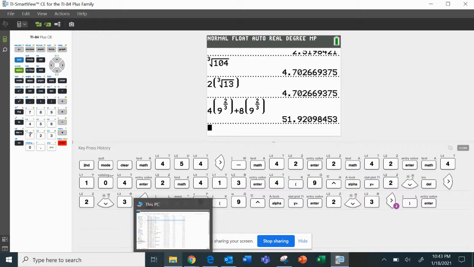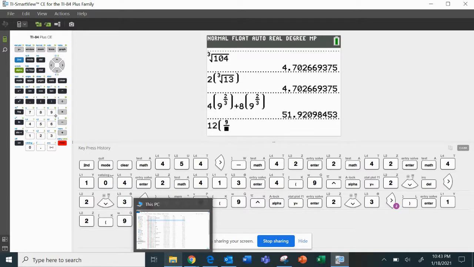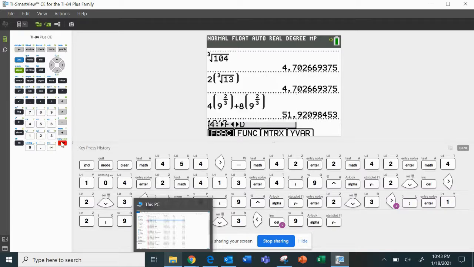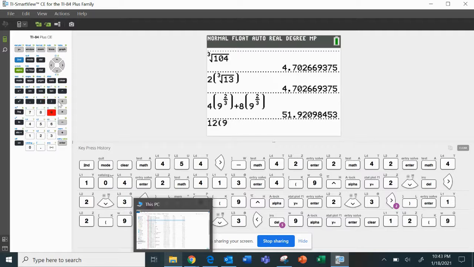Then we thought the answer was 12 times 9 to the 2/3. Oopsies, what happened here? Okay, so 12, parenthesis, 9.